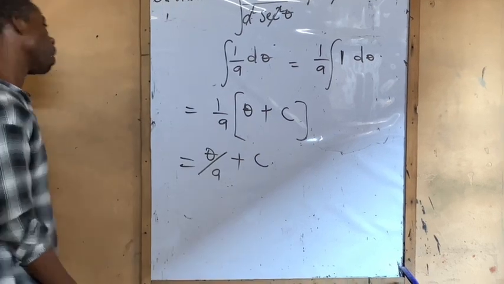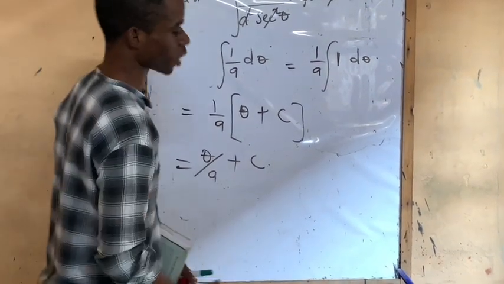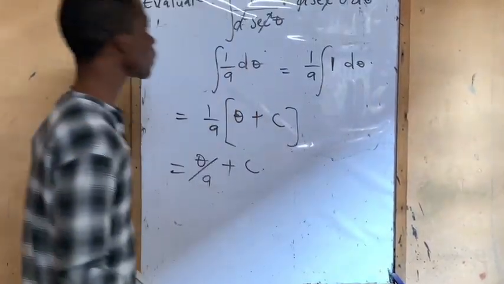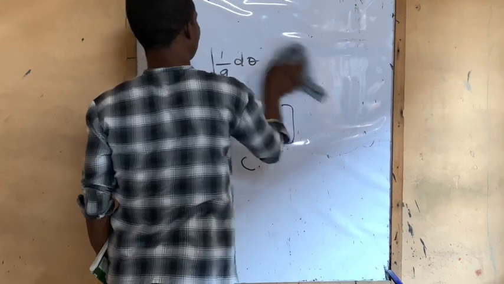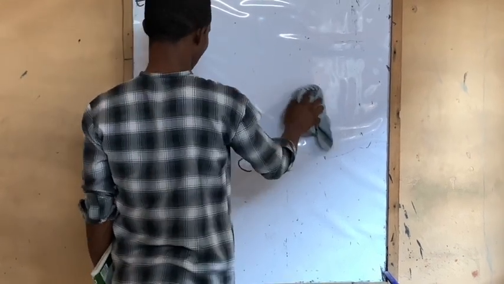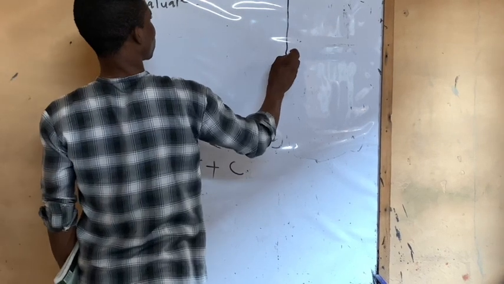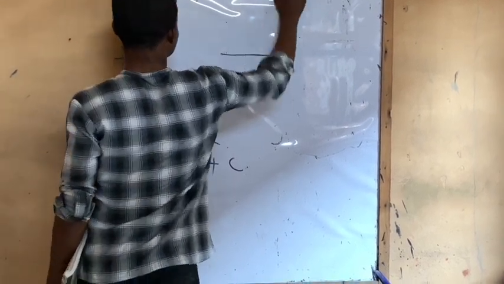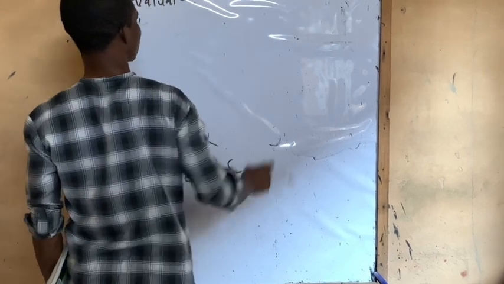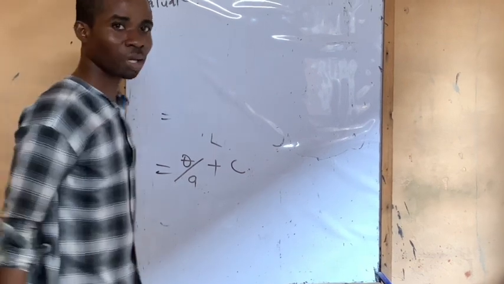Plus c. Now we need to substitute for theta. We cannot just leave our answer like this. I don't need to use the triangle, because if you remember, we used tan theta this time around.